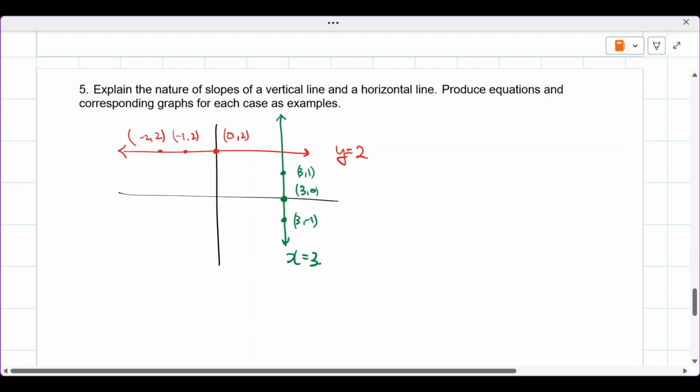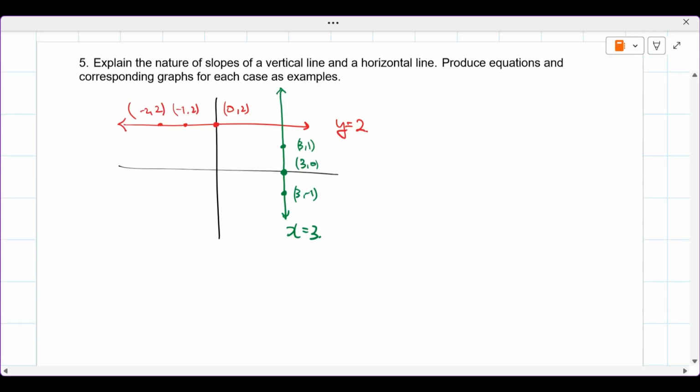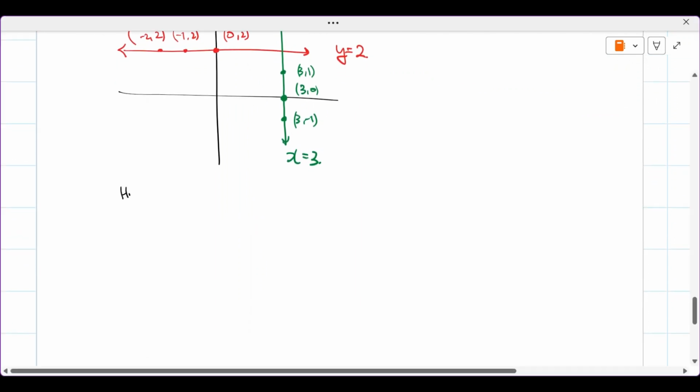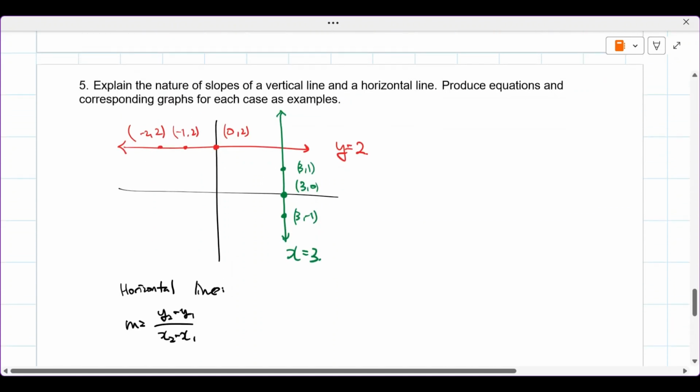So using these examples and the lines, can we talk about the slope of a vertical line and the horizontal line? Let's start with the horizontal line. We can find the slope by using the slope formula, y2 minus y1 divided by x2 minus x1. Let's put this one as x1, y1, and x2, y2.